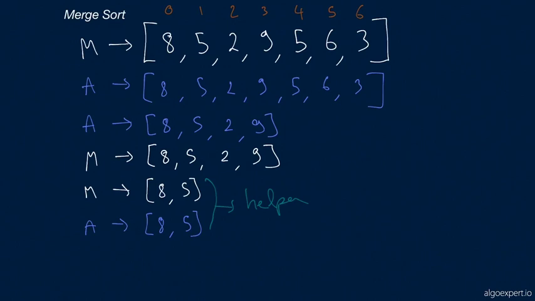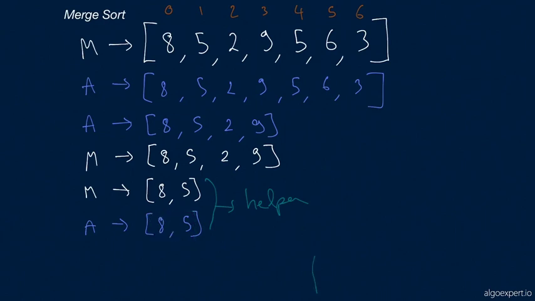So it's going to say, okay, we've got two subarrays based on our pointers that we passed, 8 and 5. Compare their two values. 5 is smaller than 8, so 5 is going to come first. And so, let me undo this, maybe make this more clear.